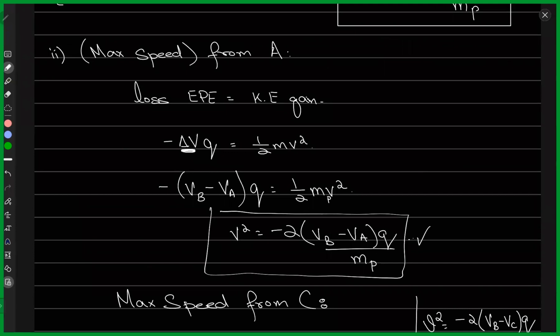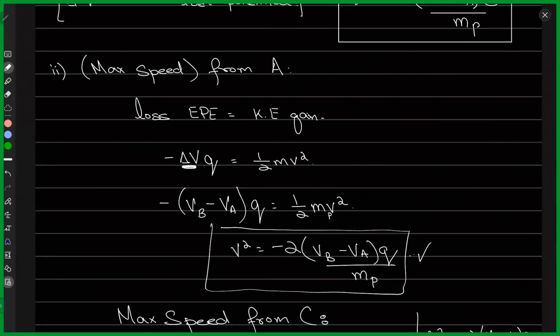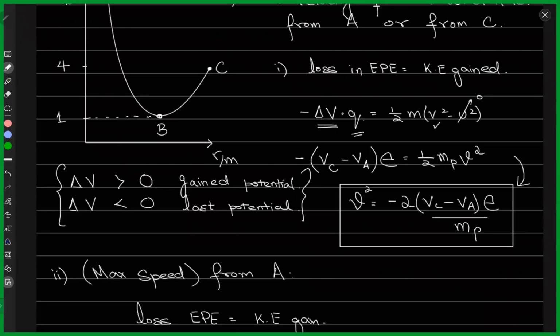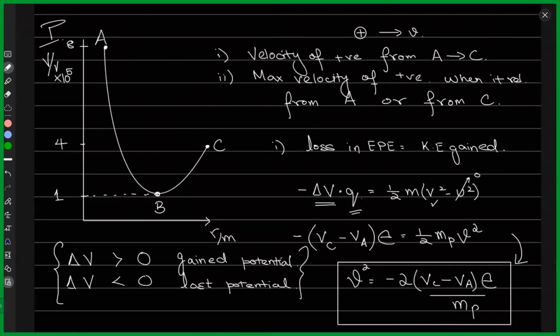Now, the final thing is to compute the same thing if it was instead released from this point C. If it was released from C, it will do the same thing.